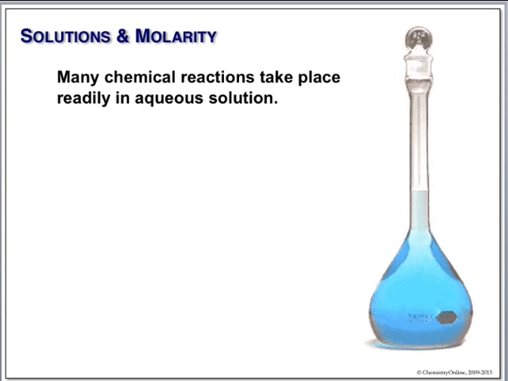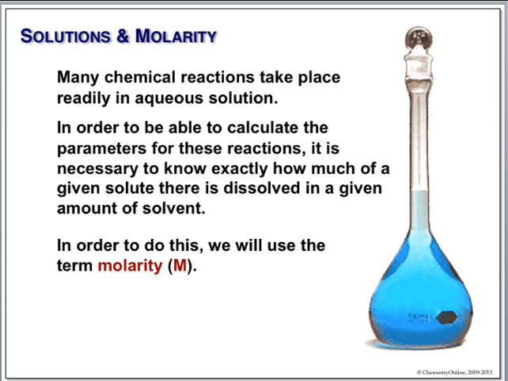All right, this is a volumetric flask. We'll actually use these in the lab. They're expensive. They have a little tiny etch line here. When the flask, the neck here is filled up exactly to that line, that is a certain volume of solution. Here we're dealing with a 1 liter flask.